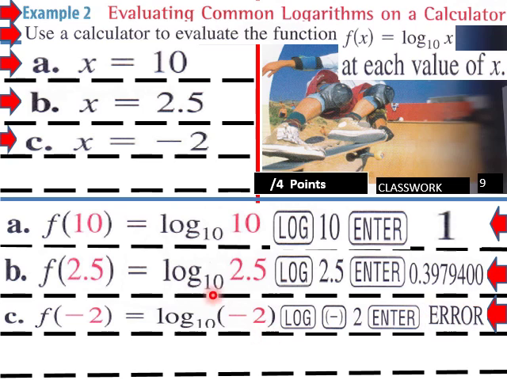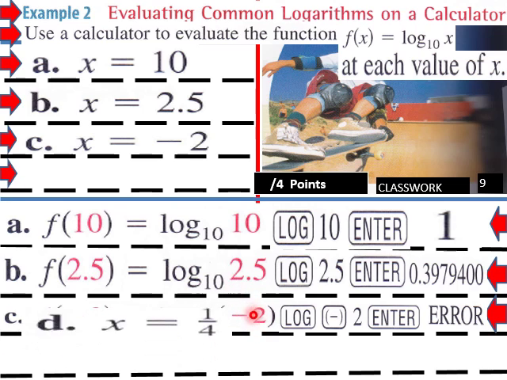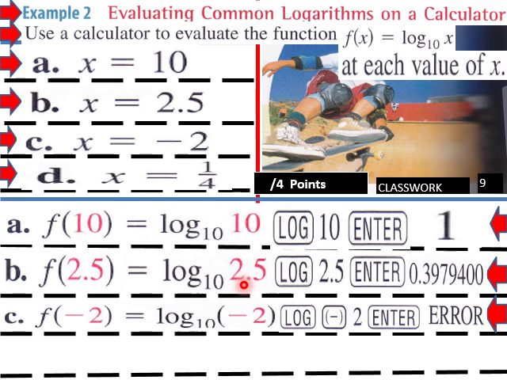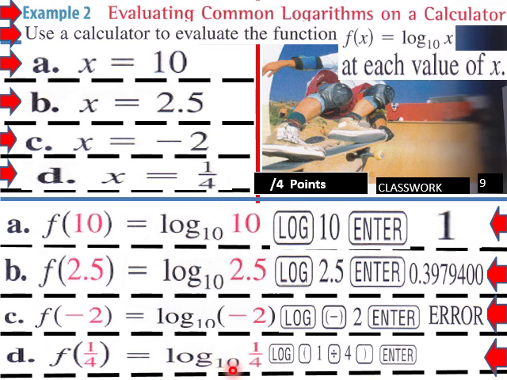And then when x equals -2, f of -2 is log base 10 of -2. Log -2 enter would be an error because you cannot take a log of a negative number. Cannot do it. Okay, when x equals 1 over 4, f of 1/4 equals log base 10 of 1/4.